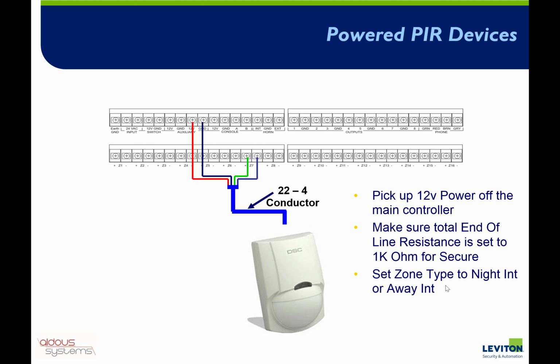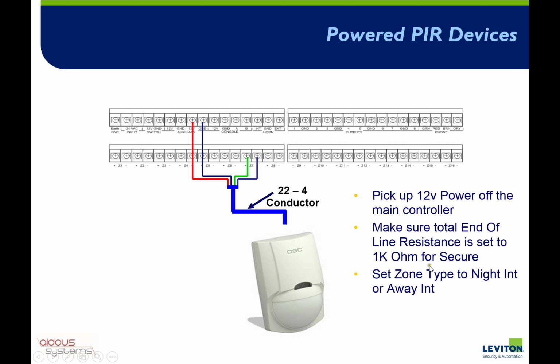The PIRs also, all the sensors, require a 1k ohm resistor in them. The idea is that this connection is monitored by the panel. So in order to be able to detect if someone cuts the cable or strips the cable back and uses croc clips to short the 2 wires together, we need to be able to detect that sort of tampering situation.